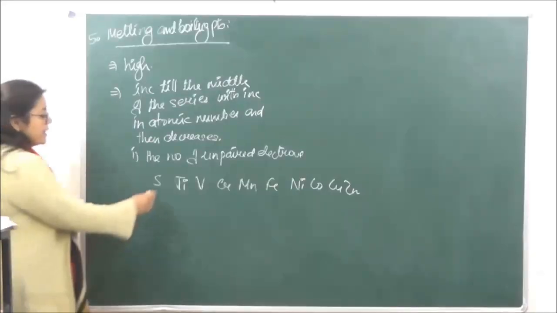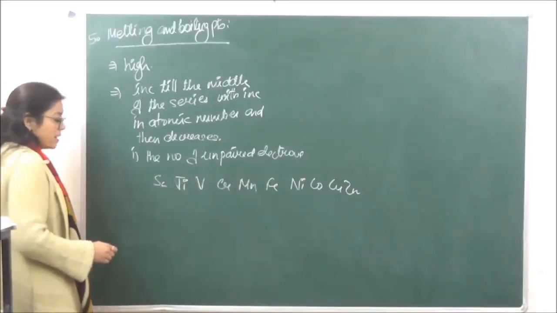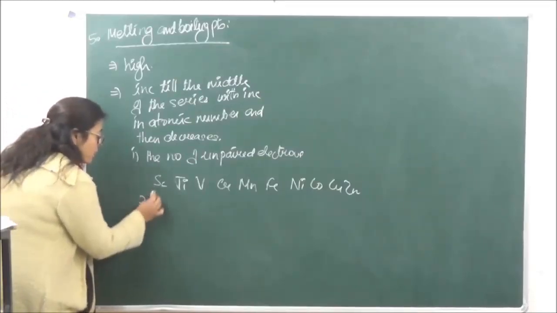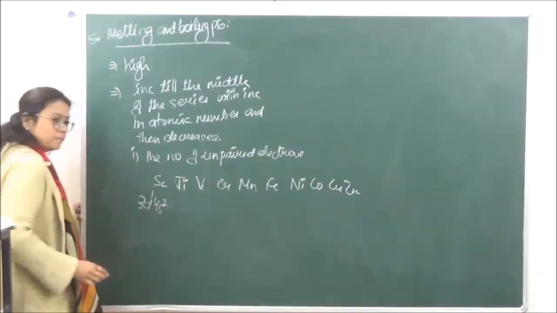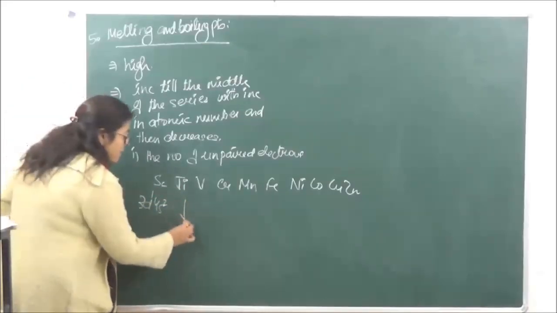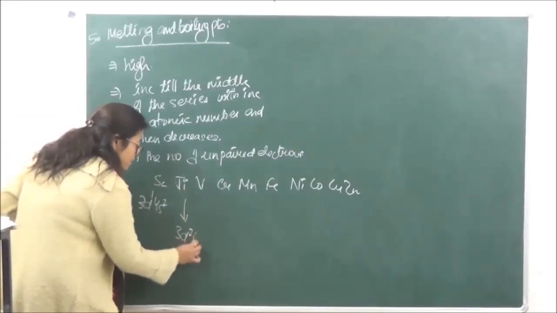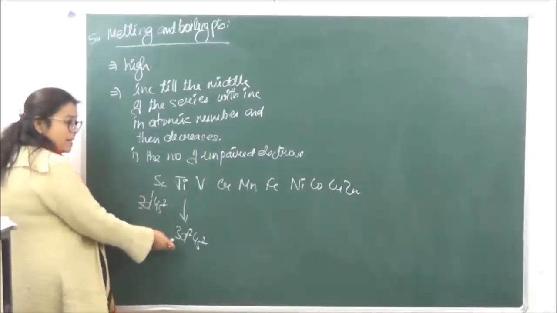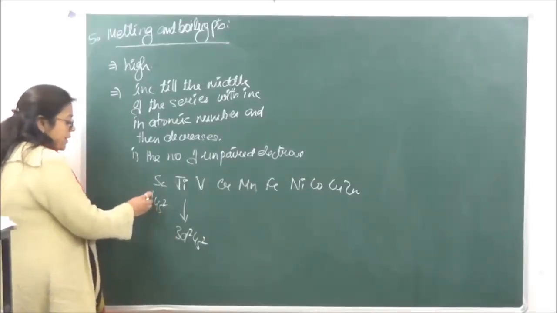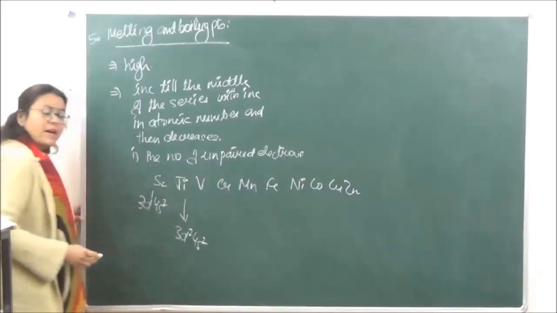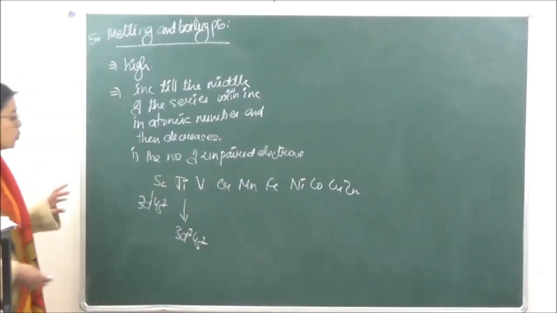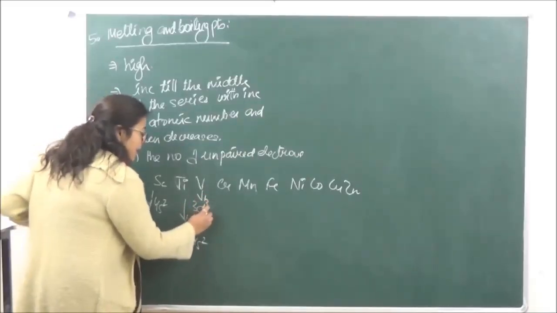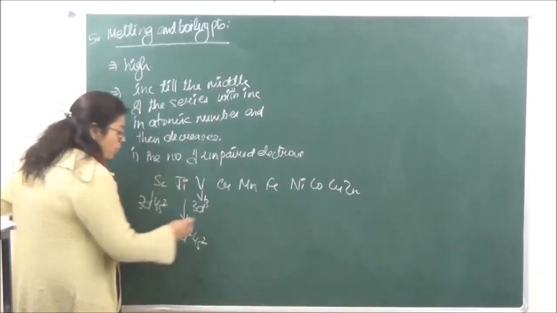The outermost electronic configuration of scandium is going to be 3d1 4s2. ठीक है, in titanium we have 3d2 4s2. You can see that the number of unpaired electrons are increasing. Over here unpaired electron is 1, over here it is going to be 2. Vanadium, electronic configuration, again 3d3 4s2.